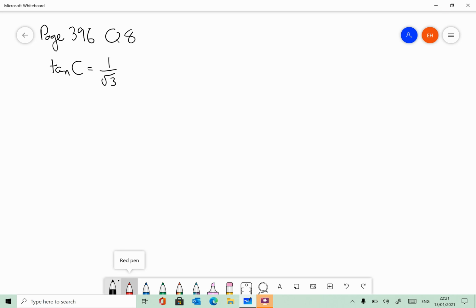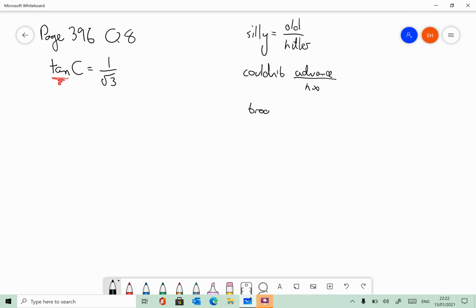Now, we are obviously in trigonometry because of this thing here. So when we find ourselves in trigonometry and we're dealing with sine, cos and tan, it's always a good idea to write out SOH CAH TOA: Silly Old Hitler Couldn't Advance His Troops Over Africa.